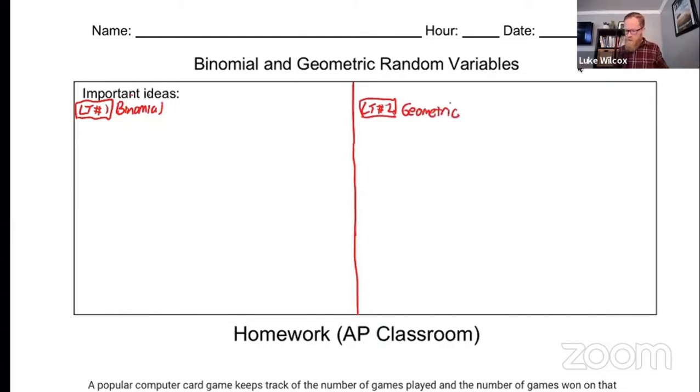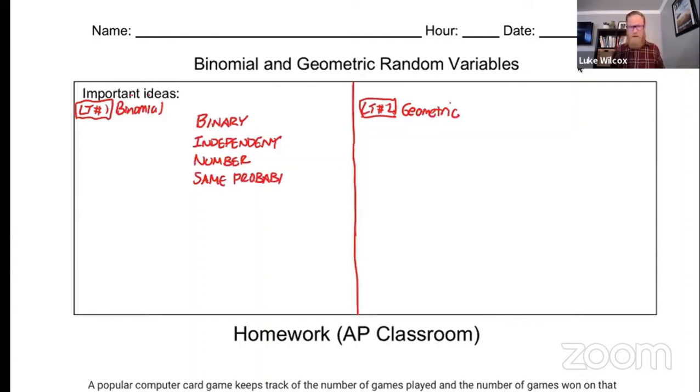So starting with binomial, I'd like to first record the 4 conditions necessary for a binomial. And remember, that's binary and independent and number, which is that the number of trials is fixed, and then same probability of success for each trial.